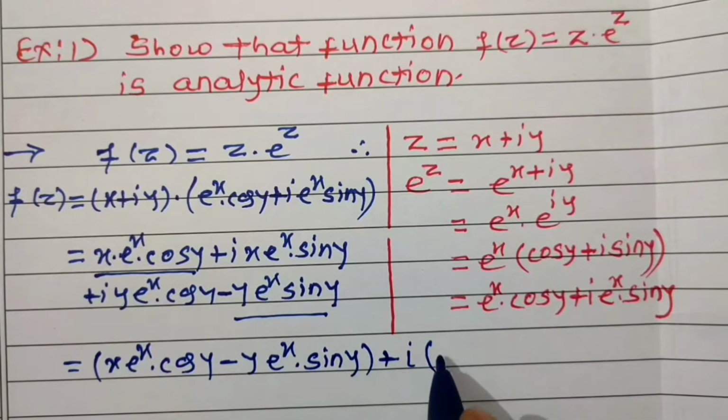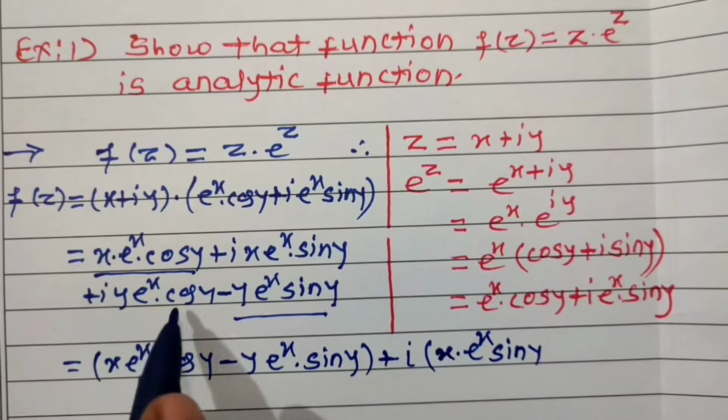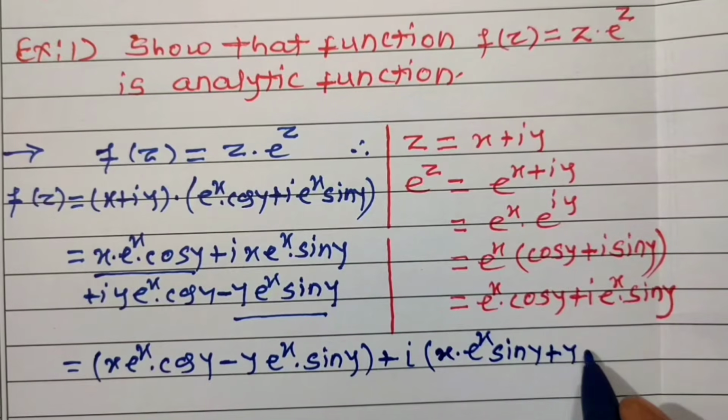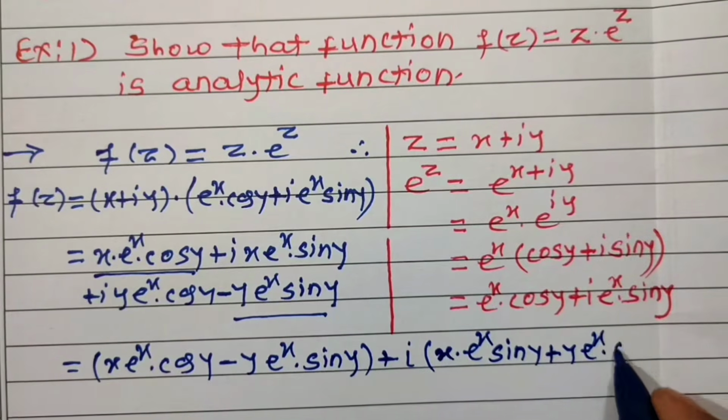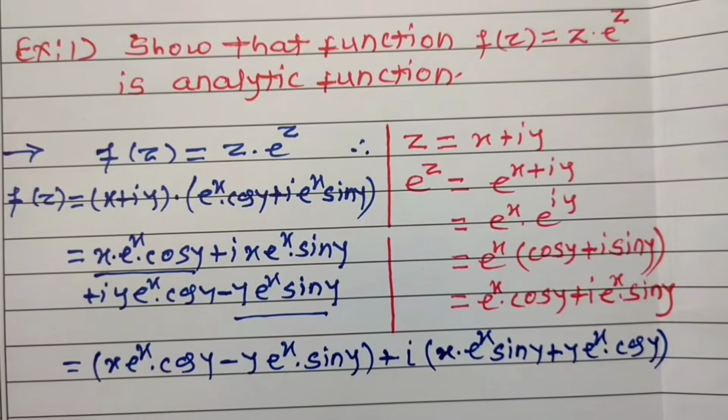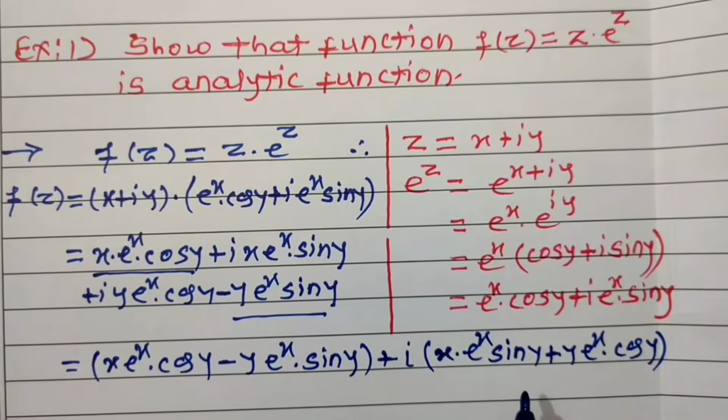So from here x into e to the power x sin y, from here plus y into e to the power x into cos y. This is f of z, and here f of z is separated into its real and imaginary parts like this.